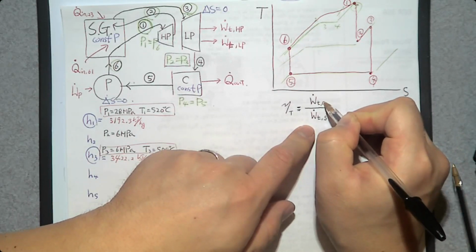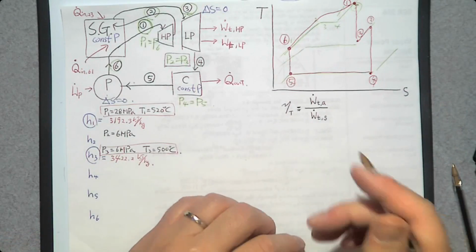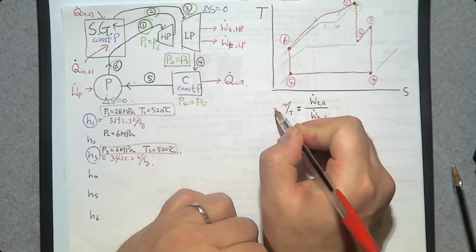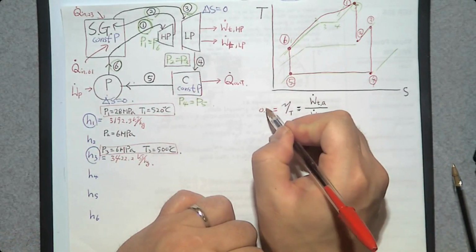So I'm going to say WTA. So that's how we determine isentropic turbine efficiency. And this is 78%, 0.78.